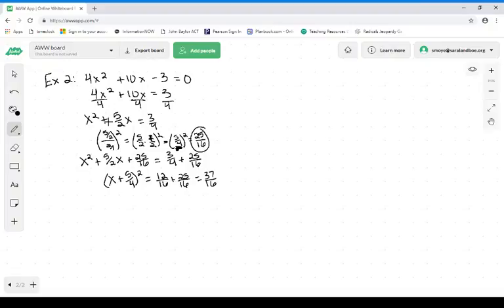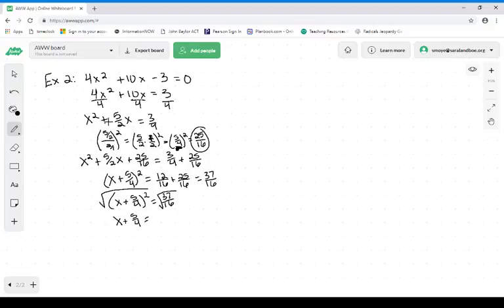So how about we go ahead and just write this out together. So we've got x plus 5 over 4 squared equals 37 over 16. At this point we have that binomial being squared. We know what it equals. Take the square root, giving us just a linear equation to solve. That's x plus 5 over 4.